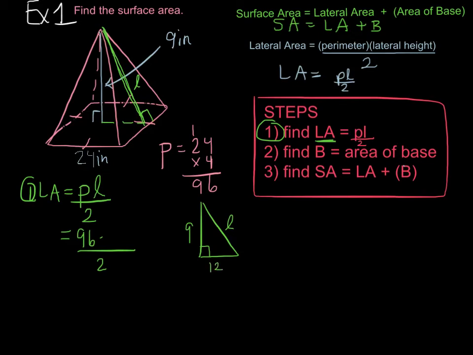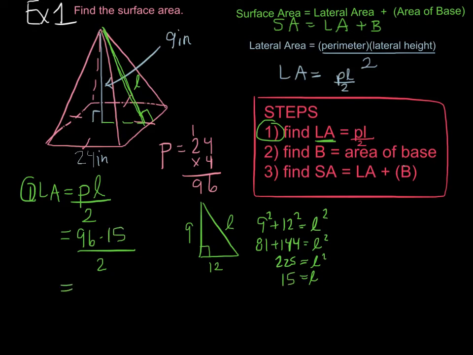So the question is, what is the lateral height? Well, this is a right triangle. So a squared plus b squared equals L squared, or 81 plus 144 is L squared. L squared is 225, so L is 15.